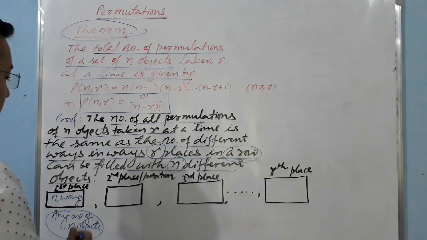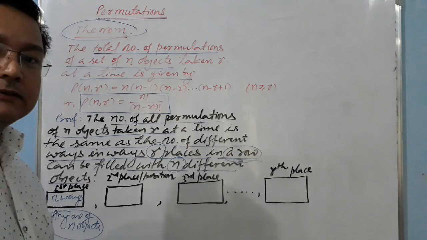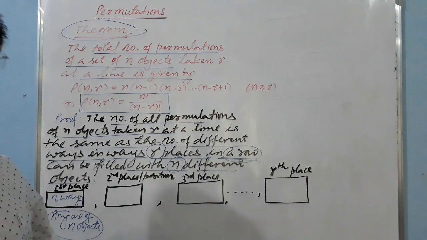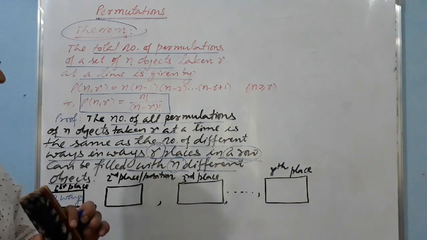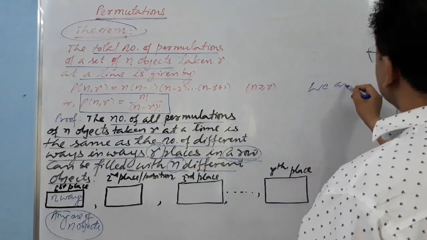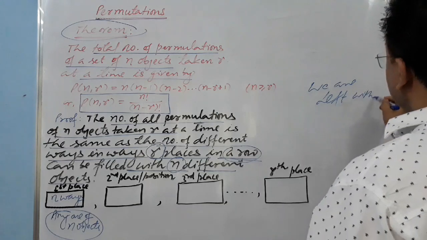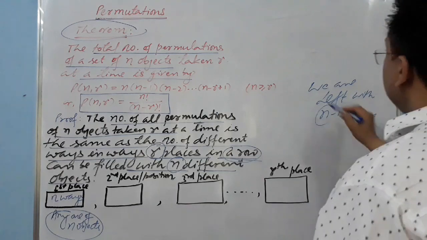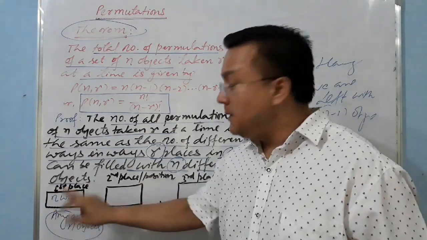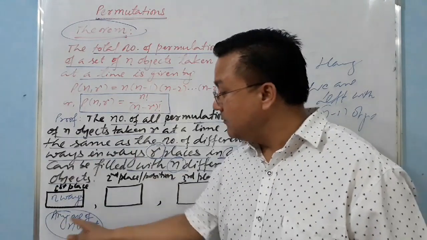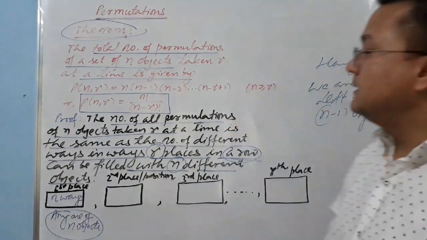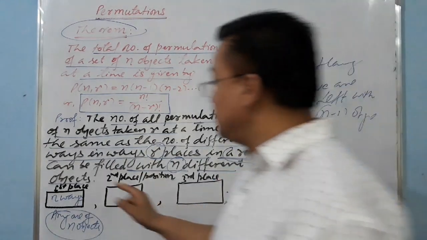And having filled up the first place by n ways, we are left with n-1 objects, because for the first place we take any one object, so only one object is used there.